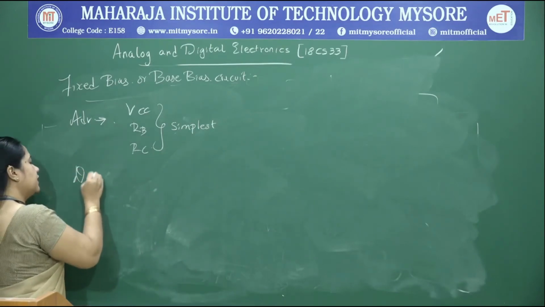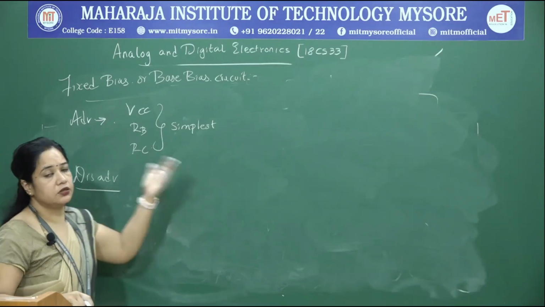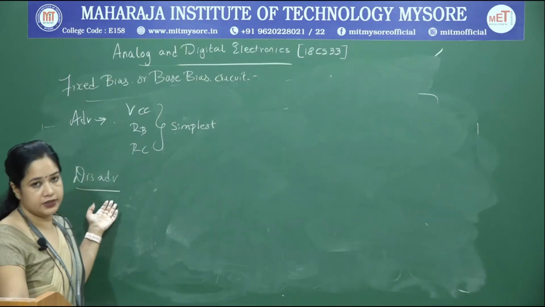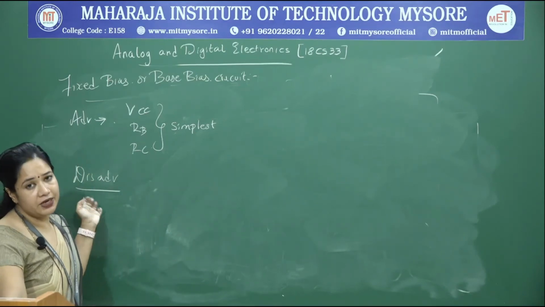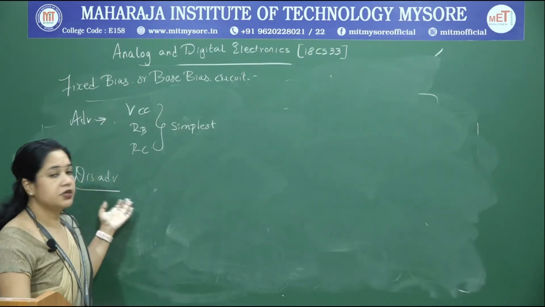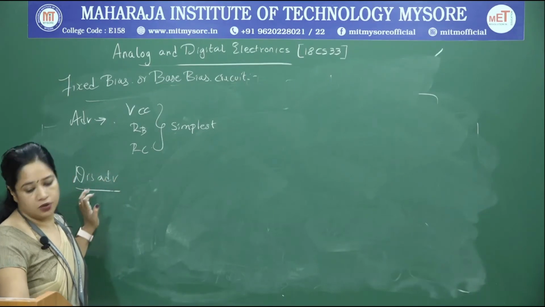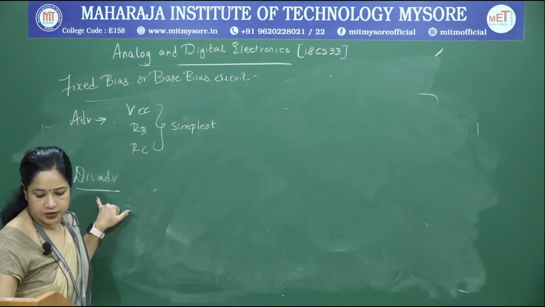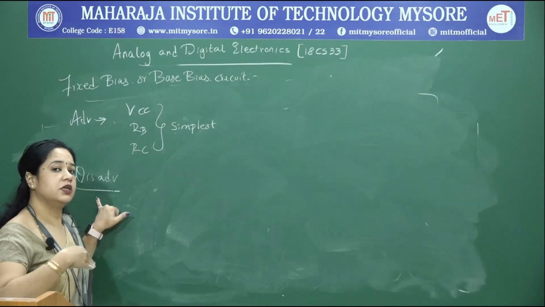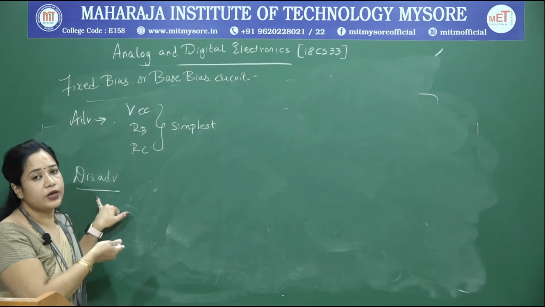And coming to the disadvantage, compared to the next biasing circuits, that is collector to base and voltage divider bias circuit, the stability offered against variation in temperature and transistor gain is very poor. So, if you are operating in an environment where there is a lot of variation in temperature and transistor gain, this is prone to get damaged.